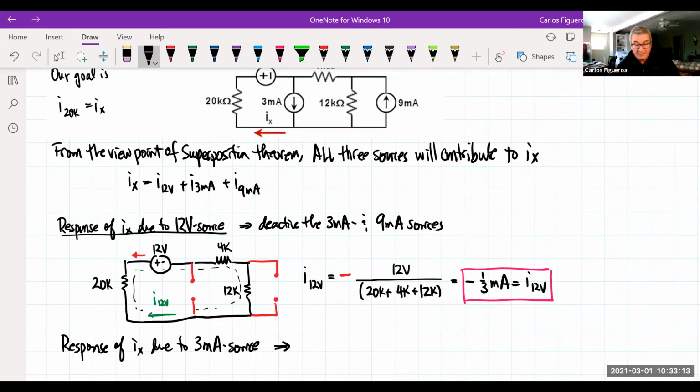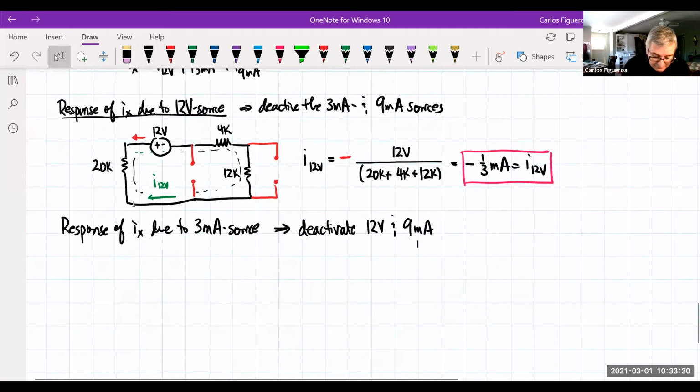This tells me that I have to do what? I have to deactivate all other sources. So I have to deactivate the 12 volt source and the 9 milliamp source. So let's go do that. If I do that, what you're seeing here is that again, I have this guy.